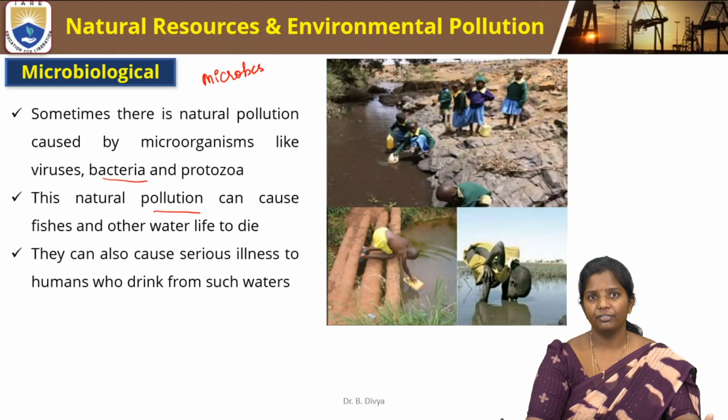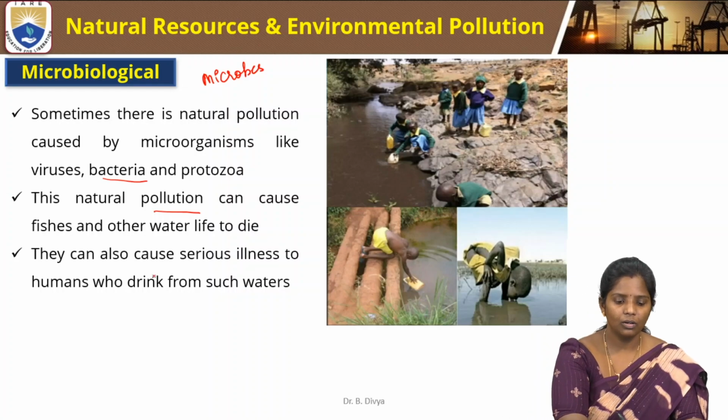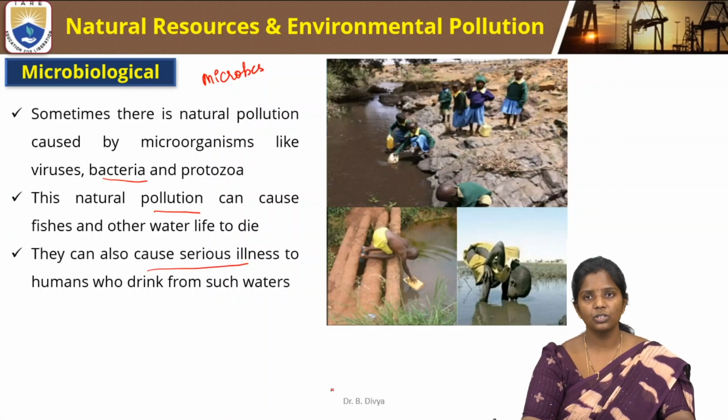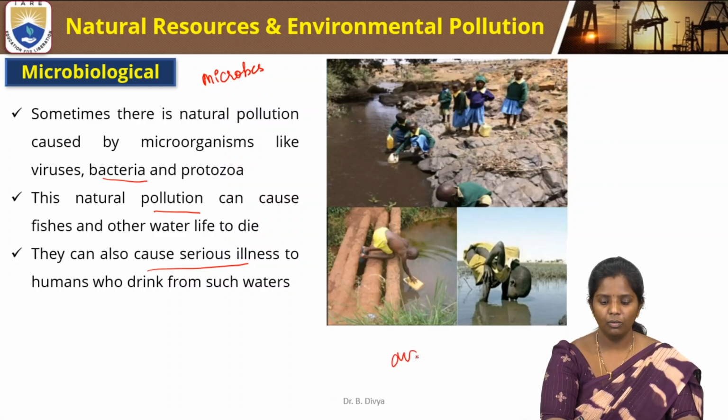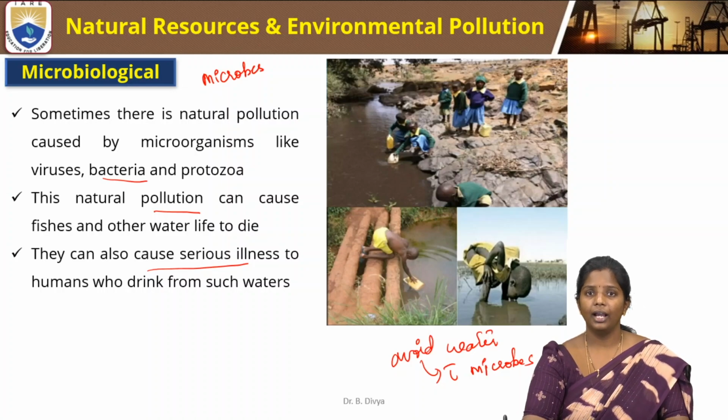An excess of bacteria or microorganisms is also not good for the water. They can also cause serious illness to the humans who drink such water. So it is always better to avoid water contaminated with microbes. That is why we opt for techniques like boiling the water before using it.